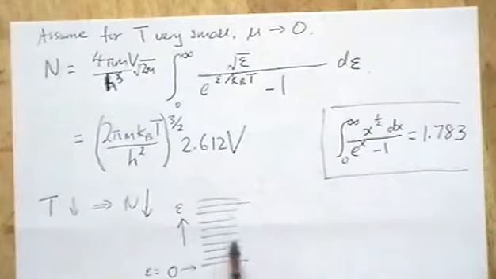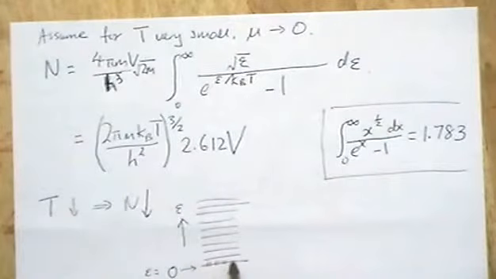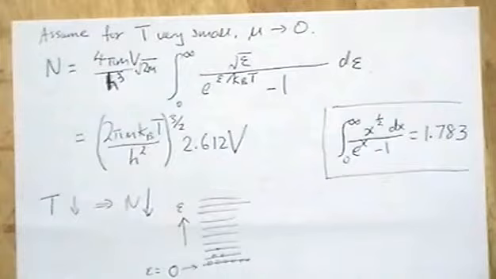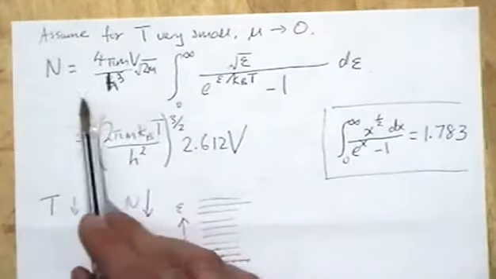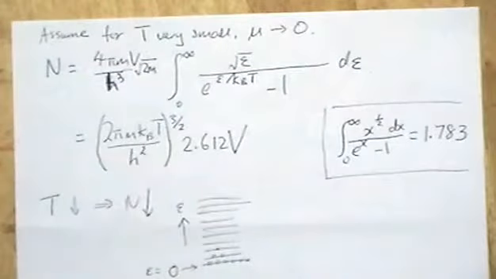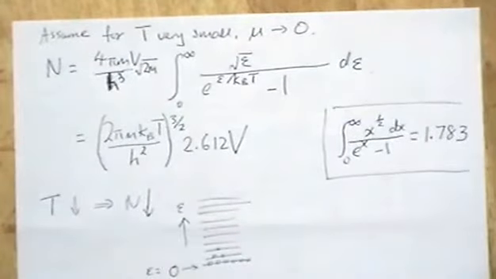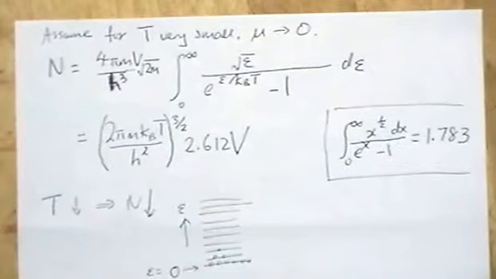Okay, so if lots of particles start going into the ground state and you get very few particles left on top, then this integral, the integral for the number of particles, would actually decrease.